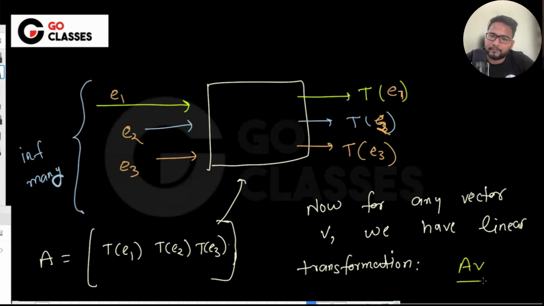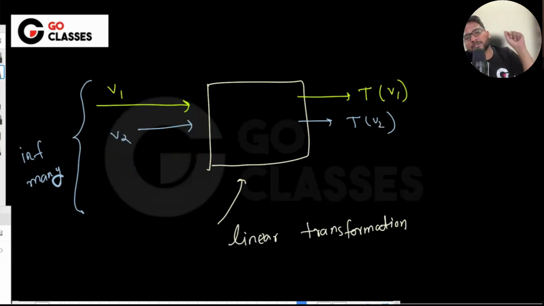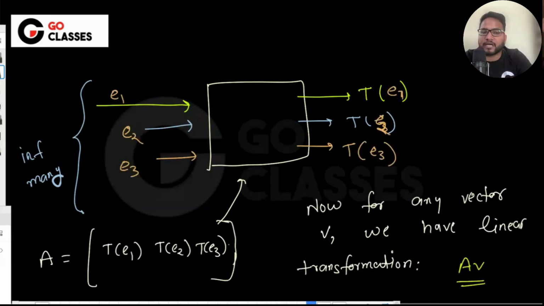AB, right? But if you give me any random five vectors' linear transformation, do you have the complete linear transformation with you? Tell me. No, right? But if you have the basis vectors' linear transformation, then you have the complete linear transformation with you, because now you can find the matrix associated with the linear transformation, and then you can find the linear transformation for any other vector, right?